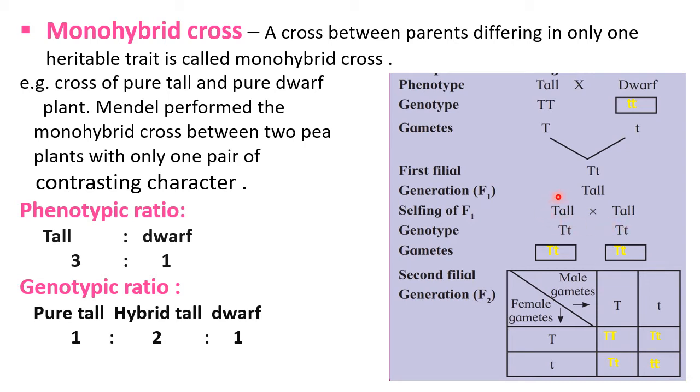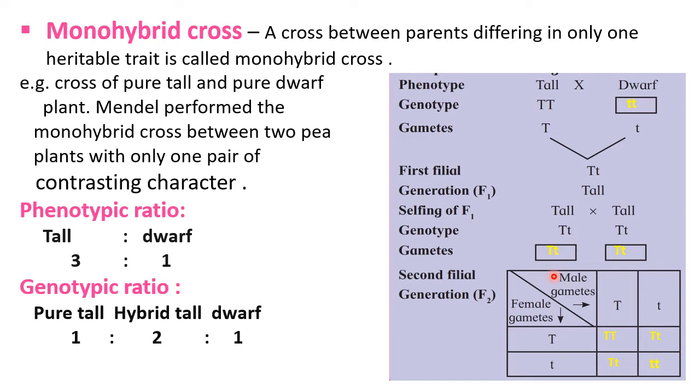In each individual plant, Mendel carried out the process of self-pollination and an equal number of gametes were produced, that is male gametes and female gametes. These are the gametes produced by the F1 generation plants.